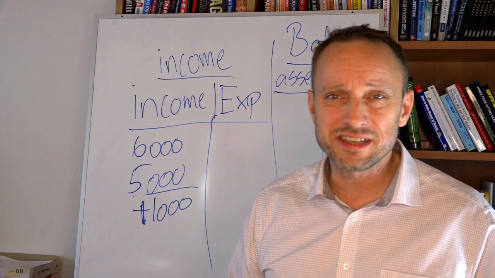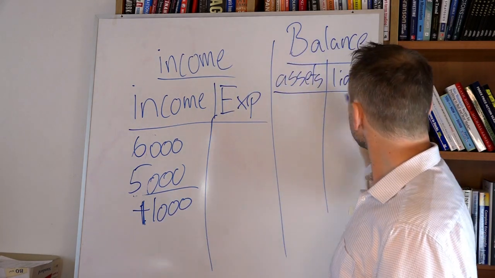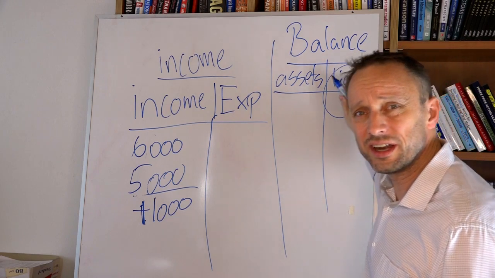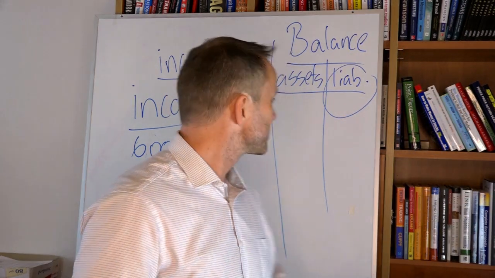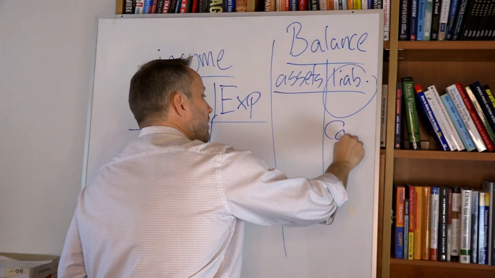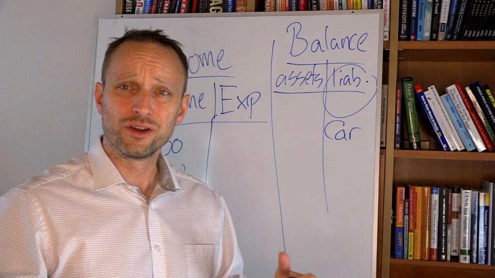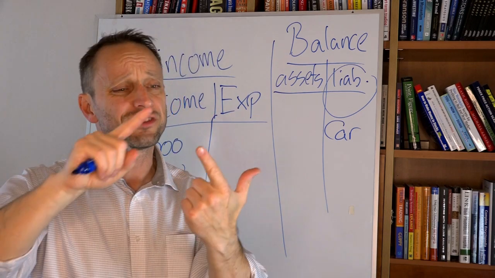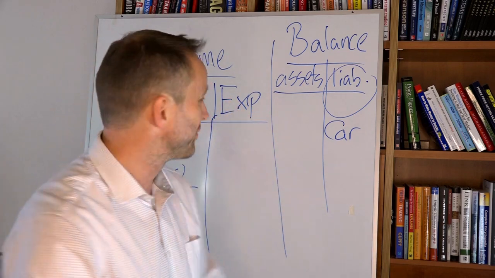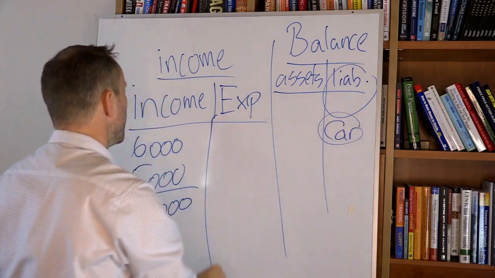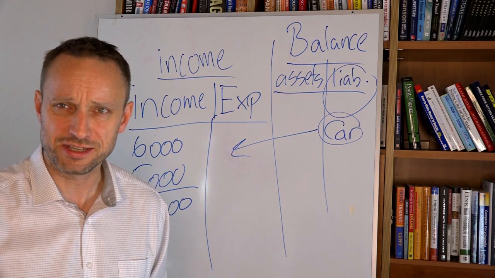So what he says is that most people actually spend these $1,000 on liabilities over here, meaning they spend money on, let's say for instance, a car. They buy a new car. For those of you that have ever owned a car, you know that there are gas bills and insurance and repairs and everything, and that car actually gives you more monthly expenses.